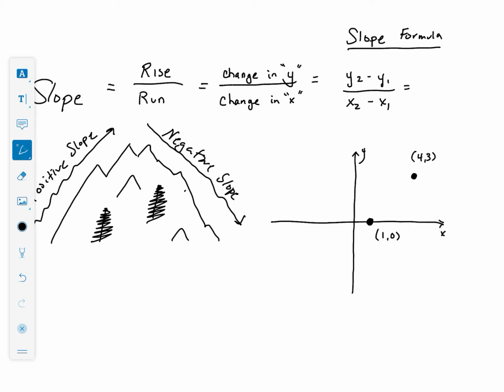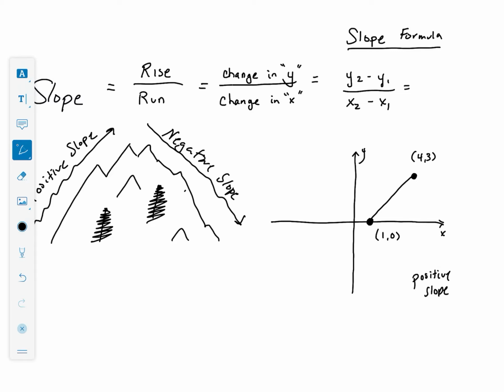And our line between those 2 points looks something like that. Now, granted, we have a positive slope. It looks as though a mountain climber would be climbing up the mountain, positive slope.